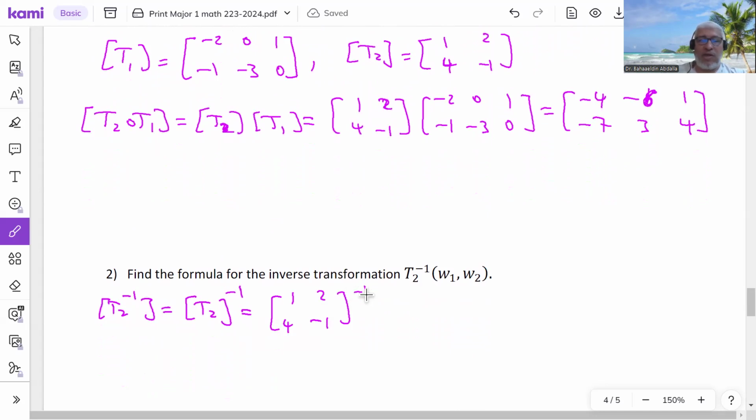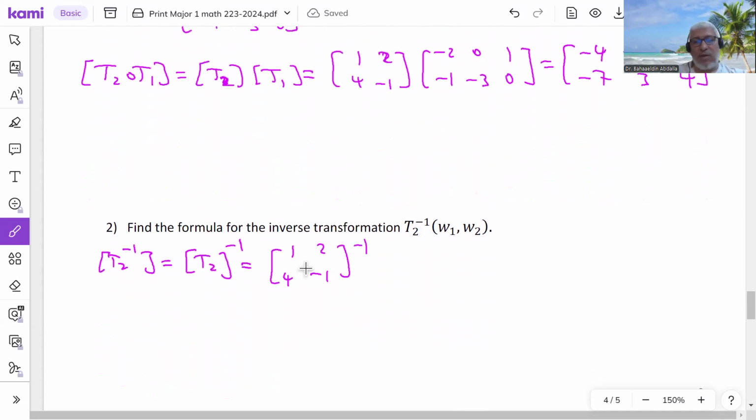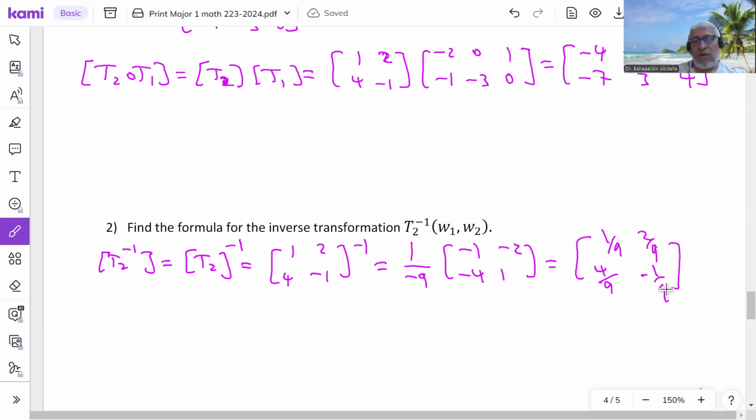So I need to find the inverse of this matrix: 1 over the determinant, -1 minus 8, that's -9. Then 1 and -1 change positions, and 2 and 4 change signs. So the answer is 1/9, 2/9, 4/9, and -1/9.